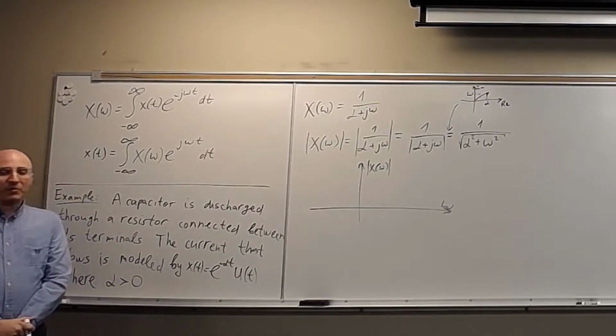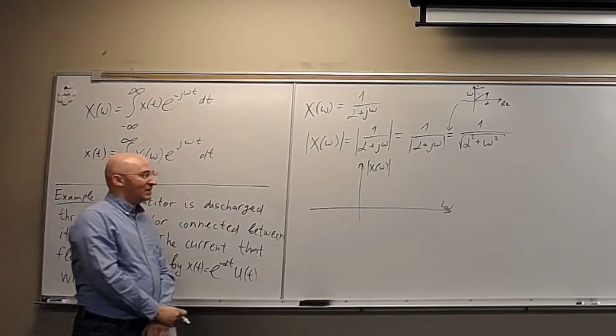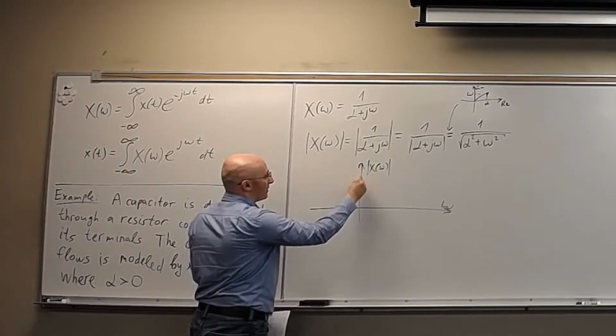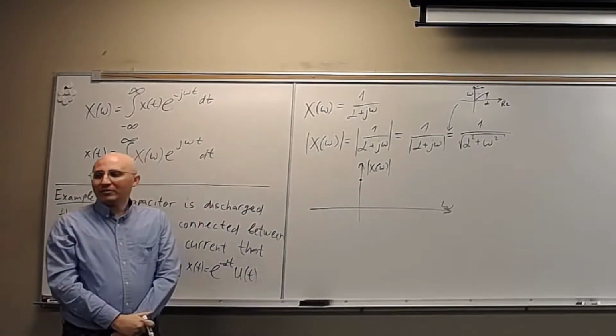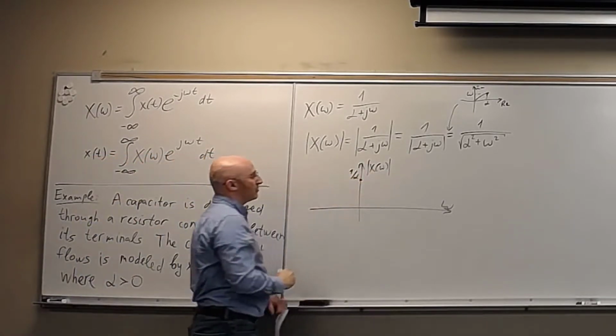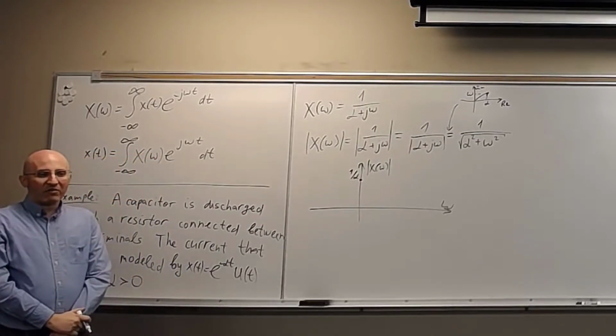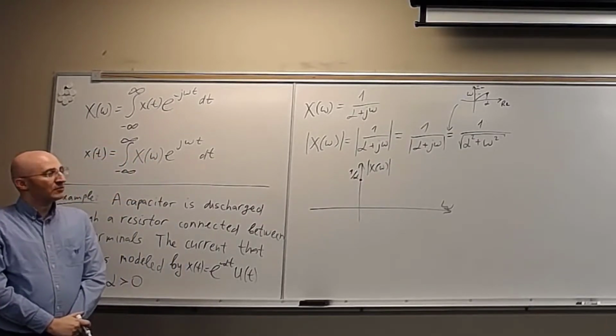First, let's start with one point which we can actually compute. What is that point? 0, the easiest one. What is the value at 0? It's 1 over alpha. So it starts from here. Will it ever be greater than that for any other omega, or is this our maximum point?